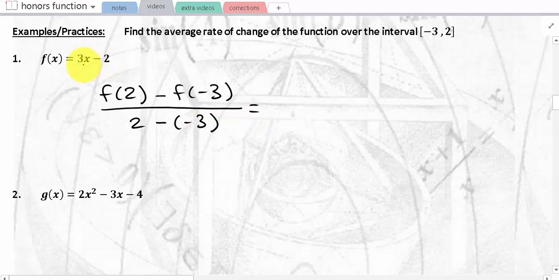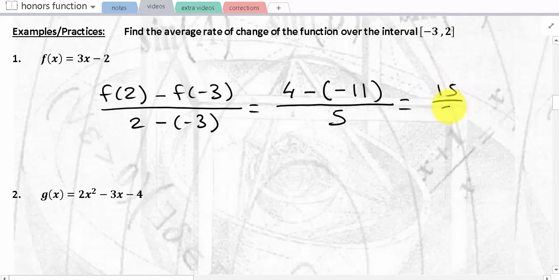What is f of 2? 2 times 3 is 6, minus 2 is 4. Minus f of -3, so that's -9 minus 2, -11, divided by 5. So this is 15 divided by 5 equals 3.